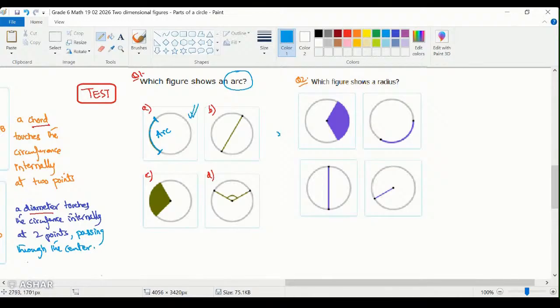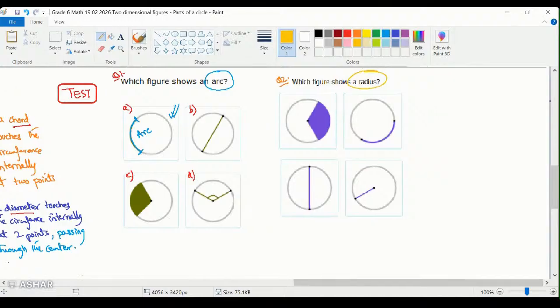Thank you. What about question number 2? Which shows us the radius? Perfect. Question number 2.